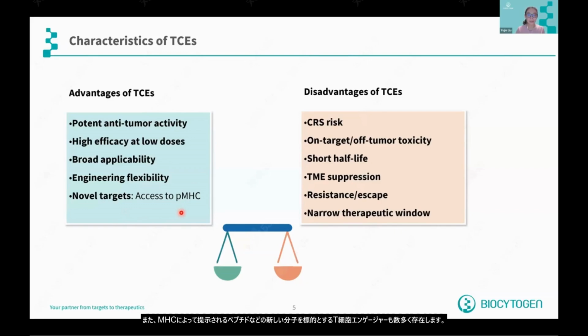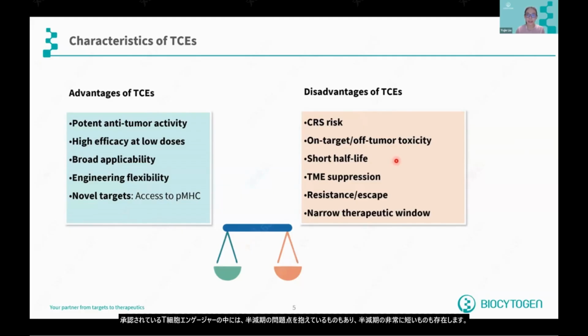As to the disadvantages of T-cell engagers, the most common risk is CRS. Another is on-target off-tumor toxicity, caused by the expression of the target in normal tissue. Several of the approved T-cell engagers also have a half-life problem.